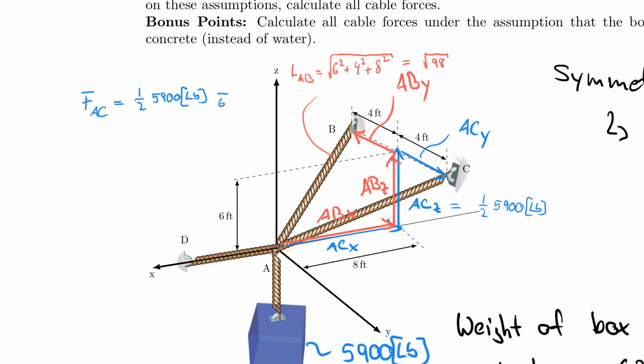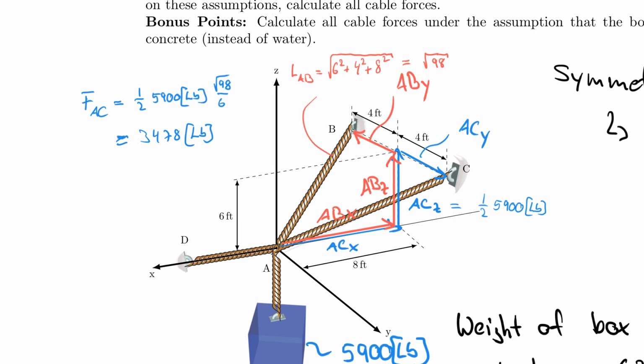And now I want to find the force along this cable, which of course has a length of square root of 98. So now I multiply that by the square root of 98. And what I will find is that FAC is actually equal to 3,478 pounds.